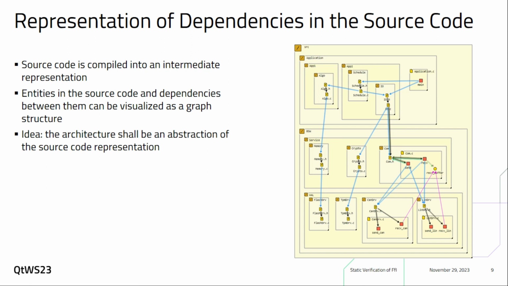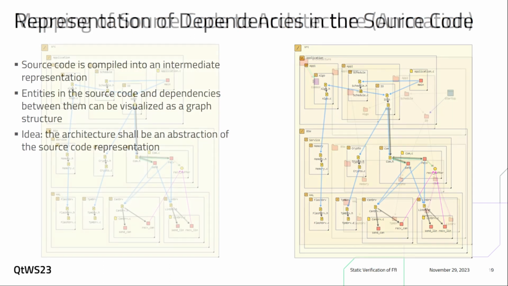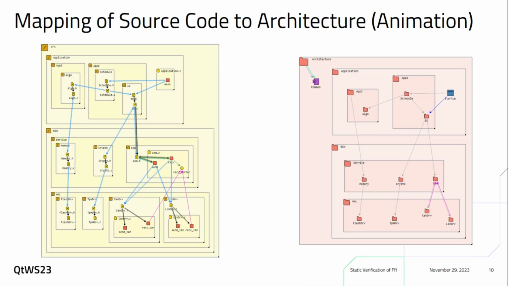And the dependencies shown here are derived from the static analysis tool. So here it was identified that some function in this source code file will call a function declared in this header file over there. And once you have those pieces, you have an architecture model, you have an implementation, an abstracted model of the actual implementation, you can do something like this because you can define the mapping.